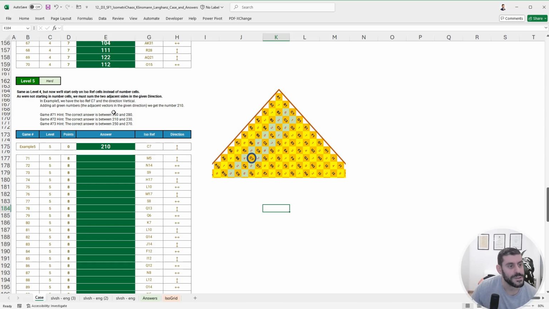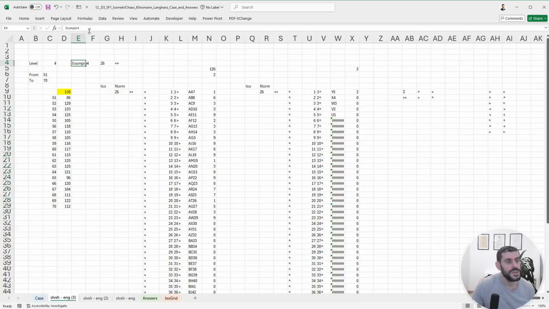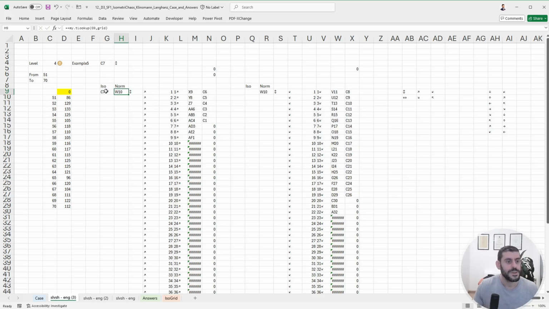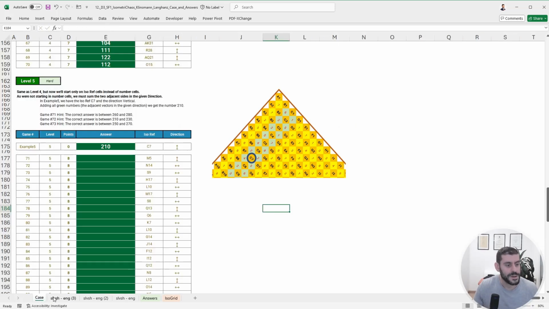Now let's start with isoref cells. So means that you basically have this point, you have to look up this into grid. So that's it.